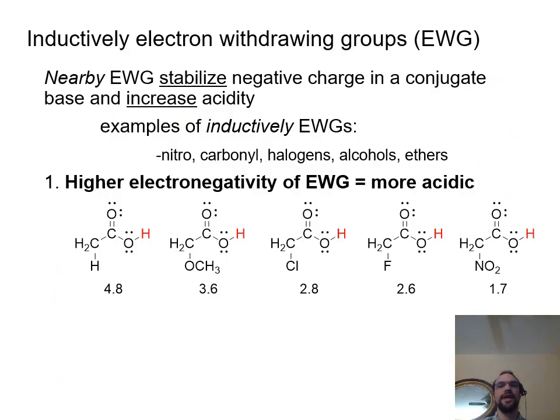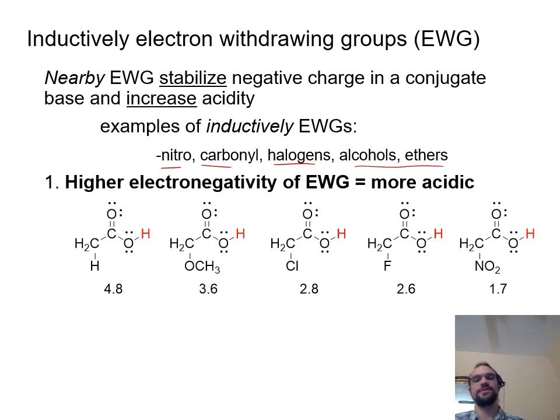Let's first look at inductively electron withdrawing groups. When you have an electron withdrawing group nearby, it can stabilize the negative charge on the conjugate base of the carboxylic acid and increase its acidity. Some inductively electron withdrawing groups are nitro groups, carbonyl groups, halogens.